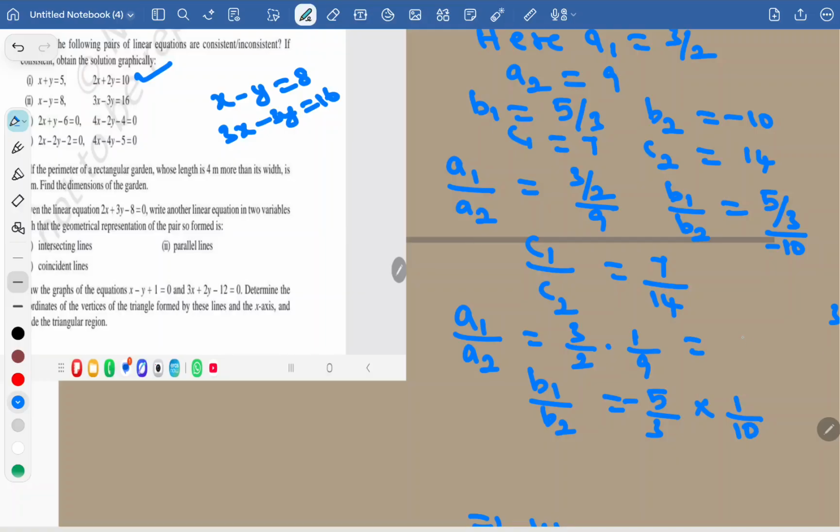If you simplify, a1 by a2 is 3 by 18, answer 1 by 6. Here b1 by b2 is minus 5 by 30, answer minus 1 by 6.